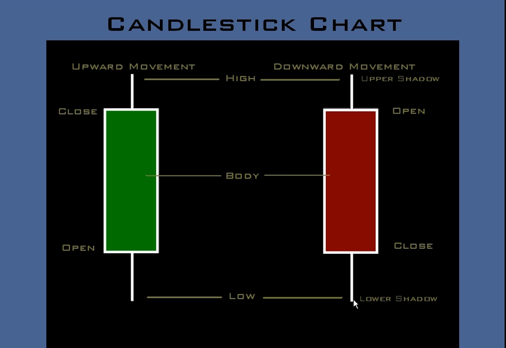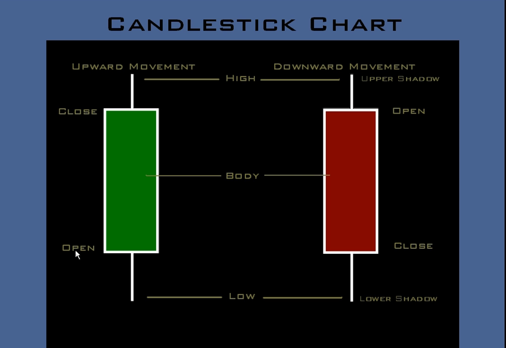If you're looking at a candlestick chart, each candlestick is going to indicate the price movement for the time period that you're looking at. So if you're looking at a 15-minute chart, each candlestick is going to be 15 minutes of price movement. Coming back to the actual candlesticks, for upward price movement, the bottom of the green candlestick is going to be the opening price.